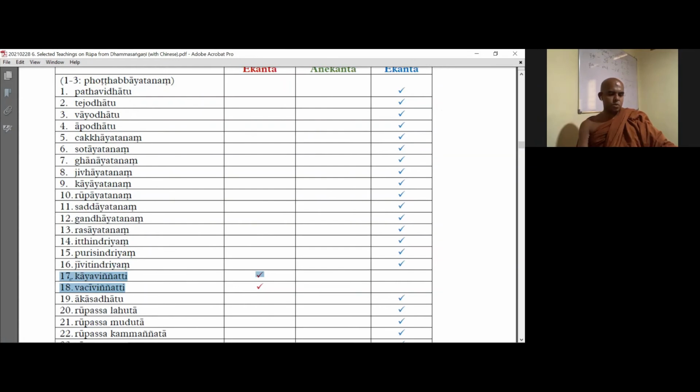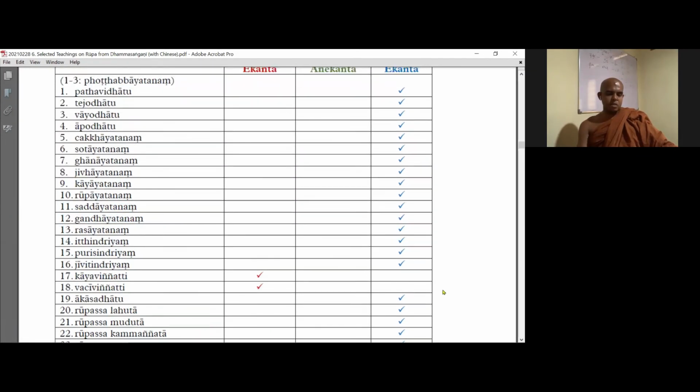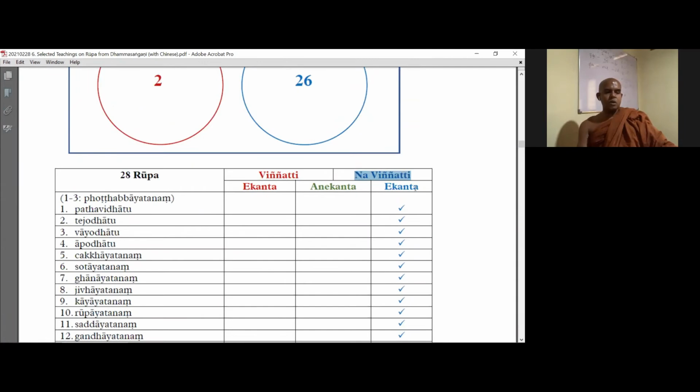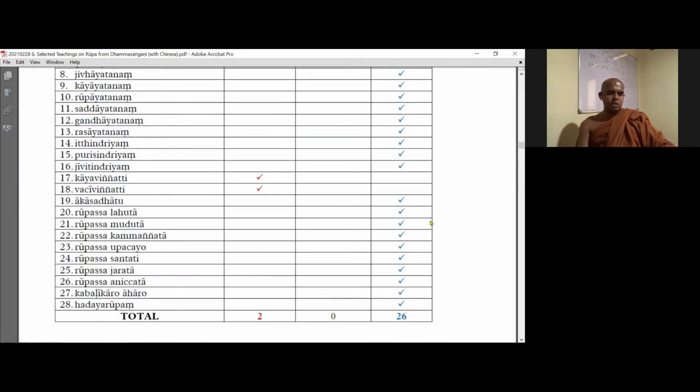Please check your chart, kaya vinnatti number 17 and vaci vinnatti number 18. Only two rupa we call vinnatti rupa. All other 26 rupa we call na vinnatti, meaning no intimation rupa. There are 26.